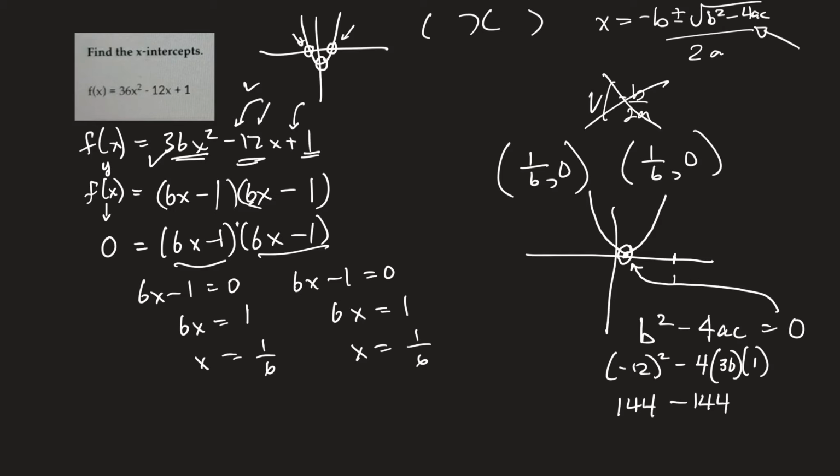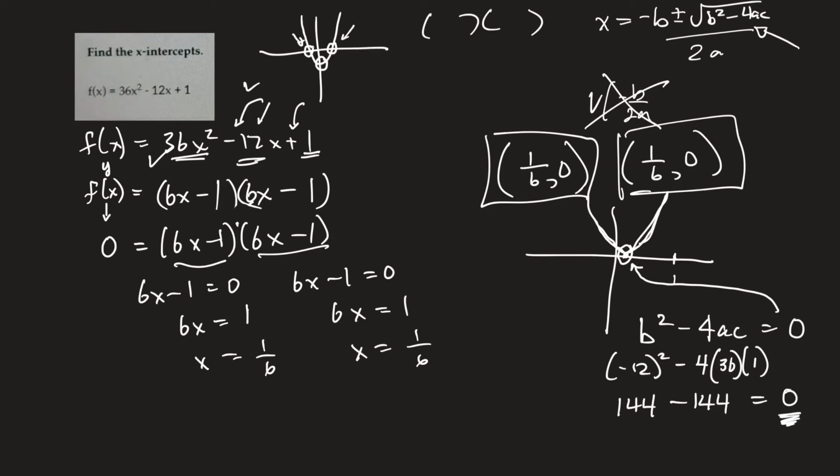So 144 minus 144 does give you 0. So that confirms that the graph should look like that. So you can either say you have one x-intercept. I like saying 2 just because it reminds me that the x-intercept is just going to come down and touch the graph and then go back up.